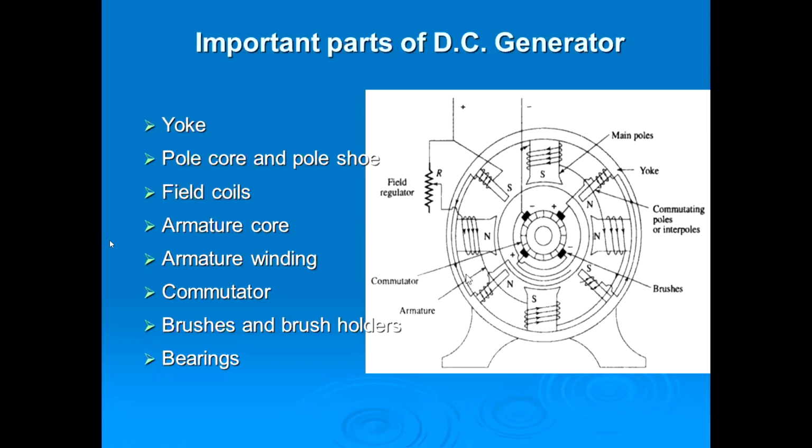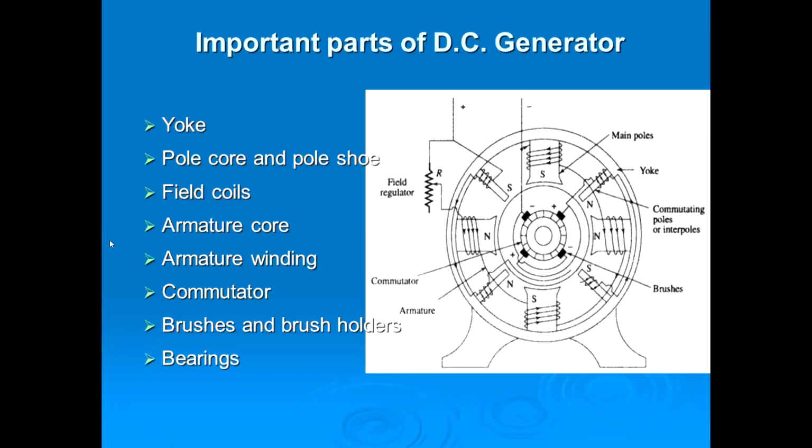And next, the commutator. So this is the commutator. And these are the brushes. Inside the brushes we have some bearings. This is the cross-sectional view of the generator.